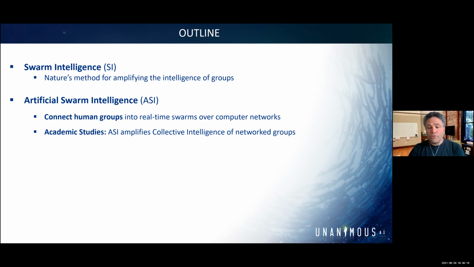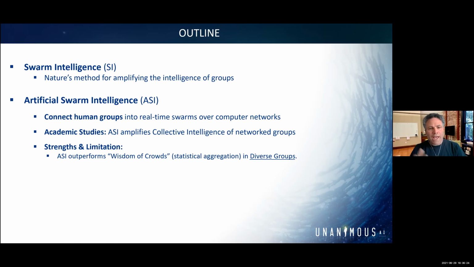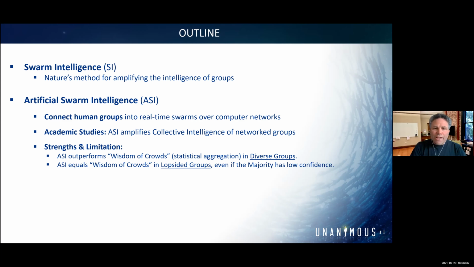And then I'll talk about just a couple of academic studies that show how ASI amplifies the collective intelligence of networked groups successfully, but I'll also talk about the strengths and weaknesses: where ASI outperforms traditional wisdom of crowds statistical aggregation when we have diverse groups, but ASI equals wisdom of crowds when you have lopsided groups with a large majority, even if that large majority has low confidence.